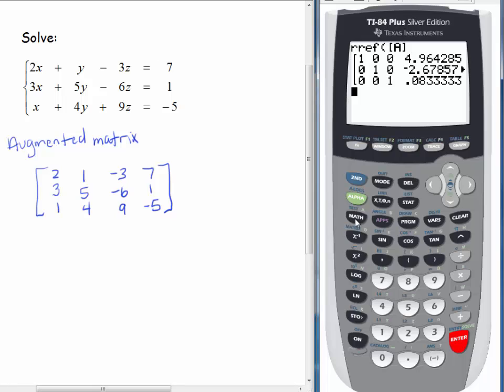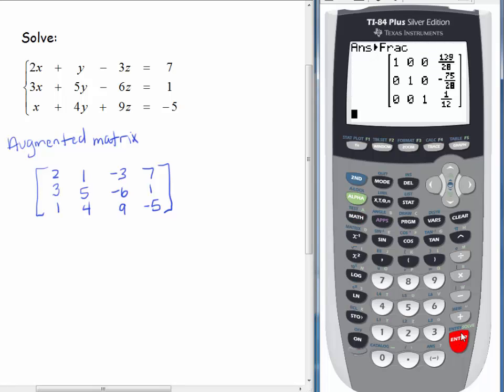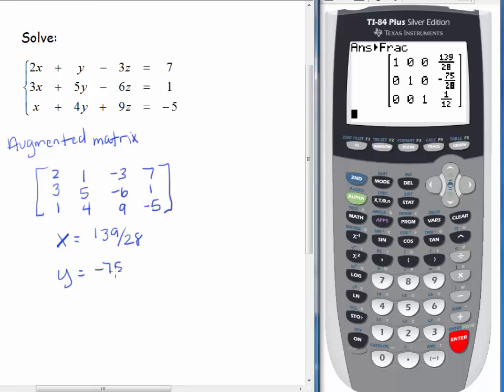Then I want to convert that to fractions, so I press Math, to fraction, and I get X equals 139 over 28, Y equals negative 75 over 28, and Z equals 1/12.